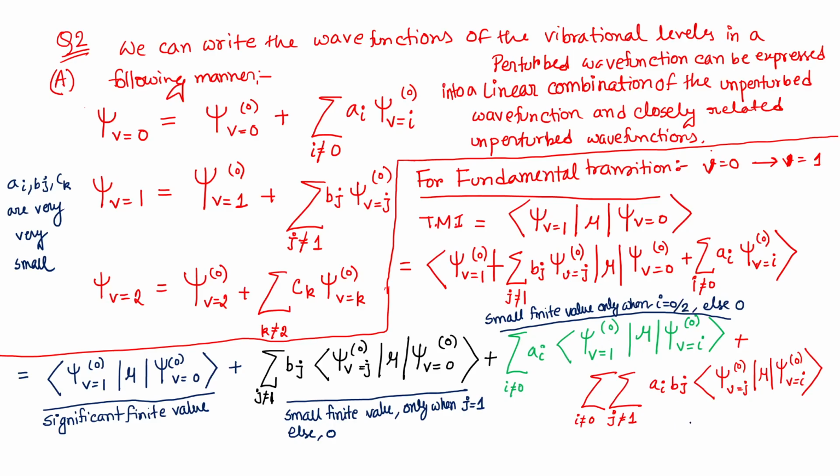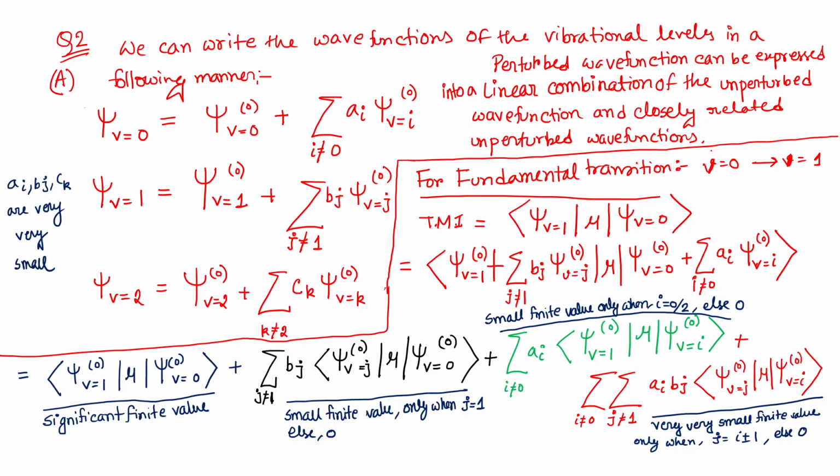And this is also the same, very small, and that too only for j equals i plus minus 1, else 0. But it has a significant contribution from the first part.